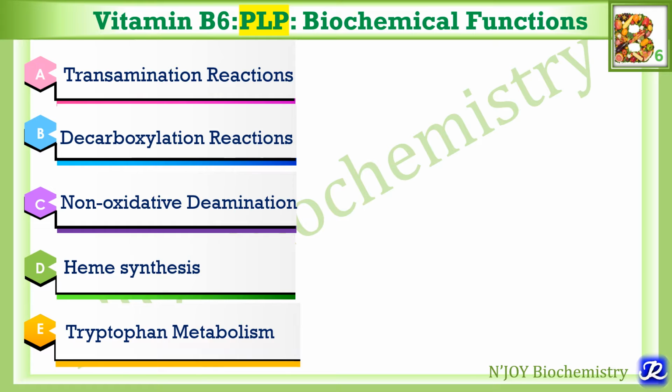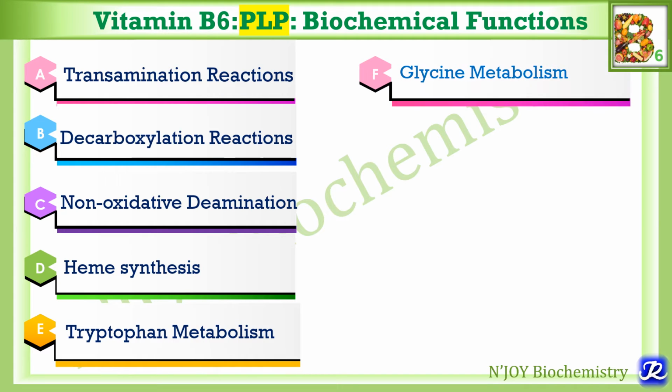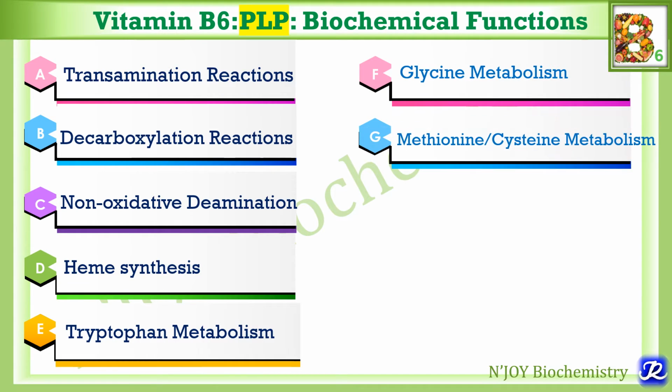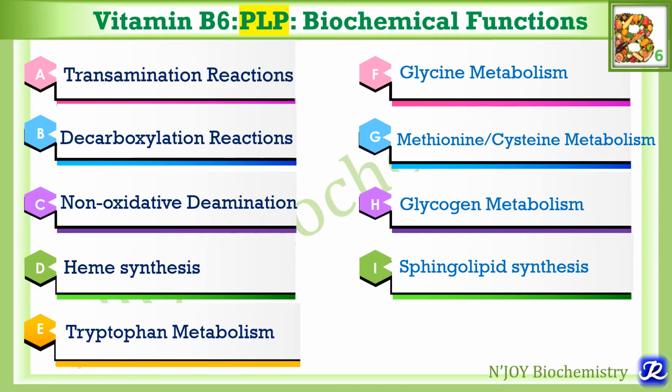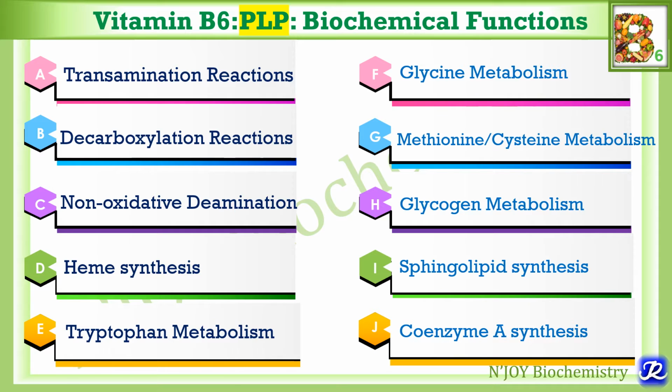It is required in tryptophan metabolism, glycine metabolism, methionine and cysteine metabolism, glycogen metabolism, that is in carbohydrate metabolism, sphingolipid synthesis, that is lipid metabolism, and coenzyme A synthesis. So these are the important biochemical functions where pyridoxal phosphate is required as coenzyme of various enzymes.